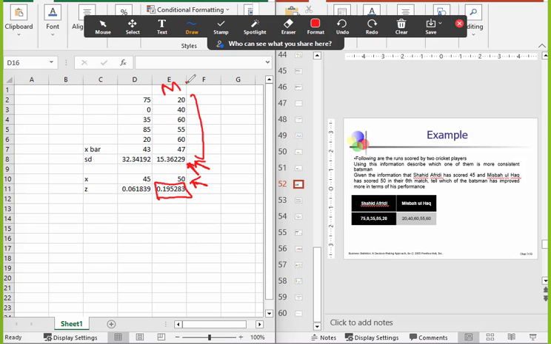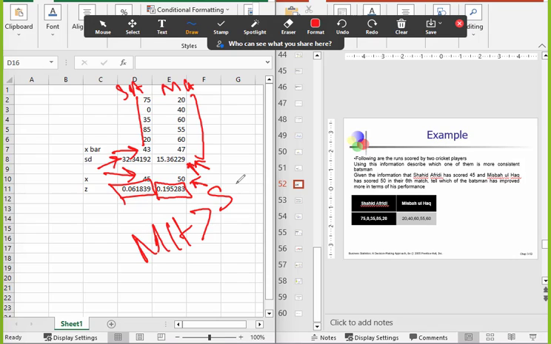And based upon the data given, his average performance and standard deviation and his next match performance, Shahid Afridi has improved this much. So z-score is helping us to understand who has improved more. Based upon this result, we found out that Misbah Haq has improved more as compared to Shahid Afridi. So this is the advantage of using z-score in statistics.